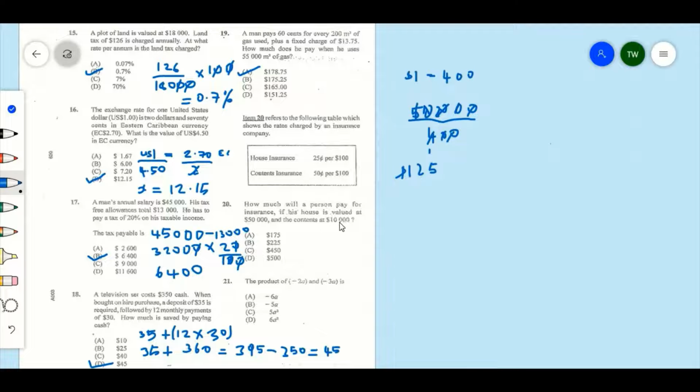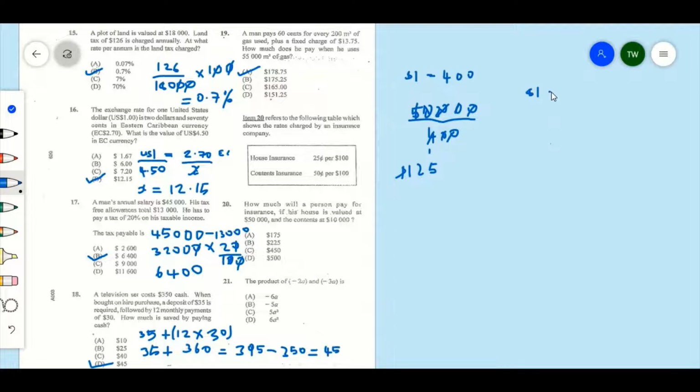Now we need to determine the content insurance. The value that they give us is $10,000. We're going to do the same thing here. We know that for 50 cents a person is required to pay $100. That means for 100 cents, the person will be required to pay $200, and 100 cents is the same thing as $1, right? Because it takes 100 cents to make $1.